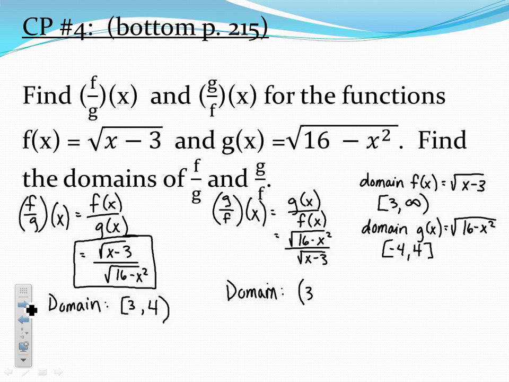And the 0 on the top is going to hit when 4 is put in, or -4, but -4 doesn't work in the bottom, so we're not even considering it. And we can let the top be 0. We just can't let the bottom be 0. So we've got a curved parenthesis on 3 this time, and a bracketed parenthesis at 4.